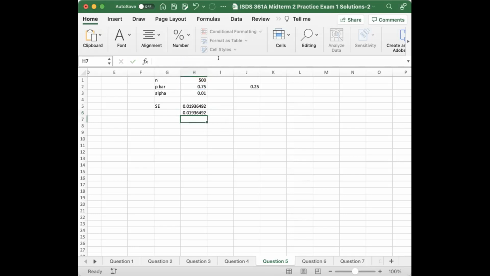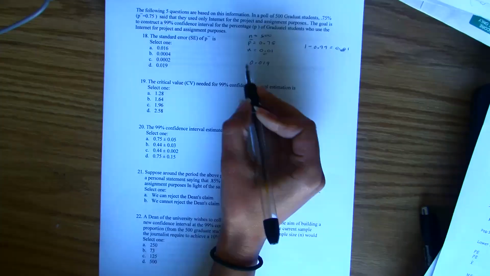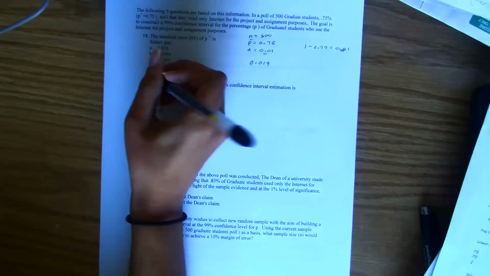That's kind of a big formula compared to this one, which is a little bit nicer. But you can do whichever way works for you. Anyways, that's our standard error. Let me stop sharing and go back to this. All right, so we got 0.019, so there's our answer.